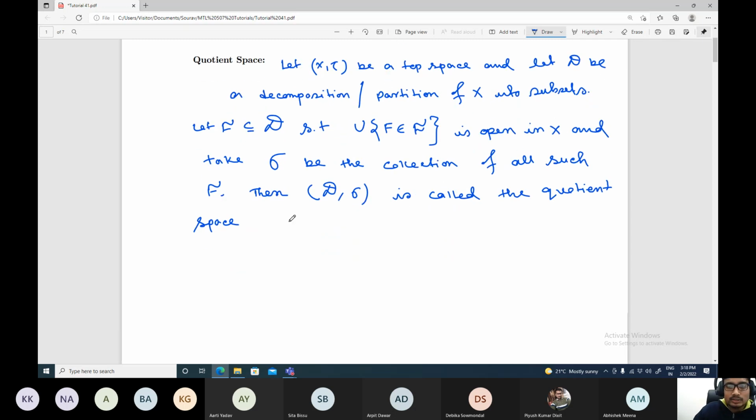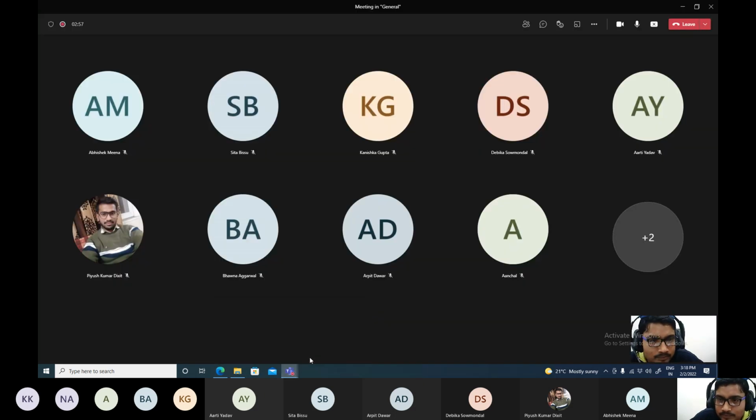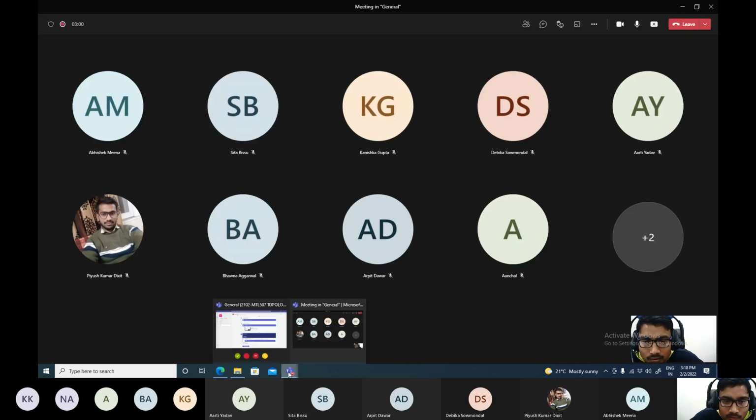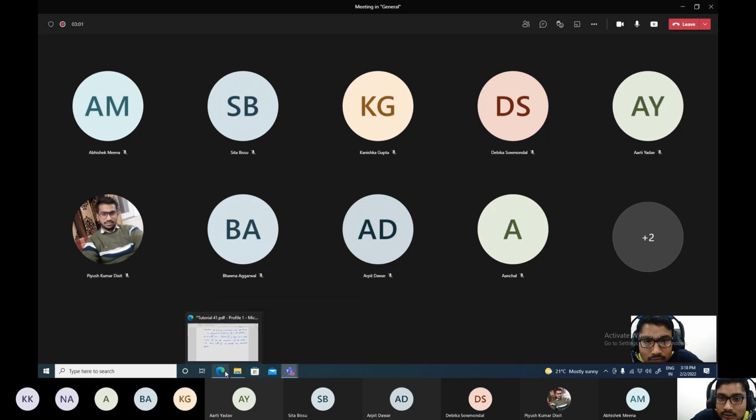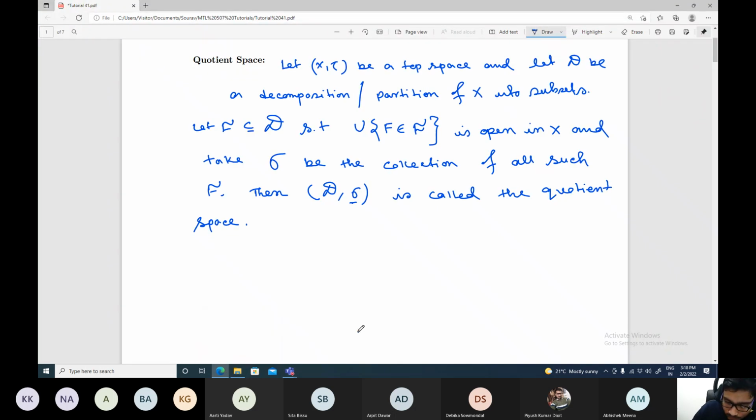At first I will quickly verify that this sigma is actually a topology. Any question?